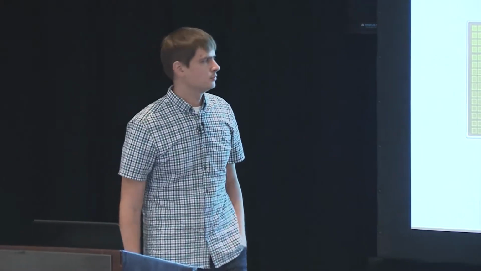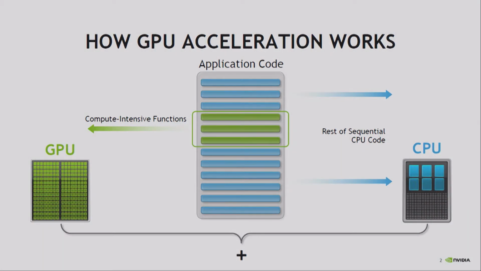So how GPU acceleration works in general: you have your application code, and you have CPU processors and GPU processors in your system. You probably want to utilize both. Often it doesn't make sense to port everything to the GPU or leave everything running on the CPU. Because you can use GPUs as accelerators, it makes sense to profile your code, see where the most compute-intensive part is, where your bottleneck is, and try to move this part to the GPU.